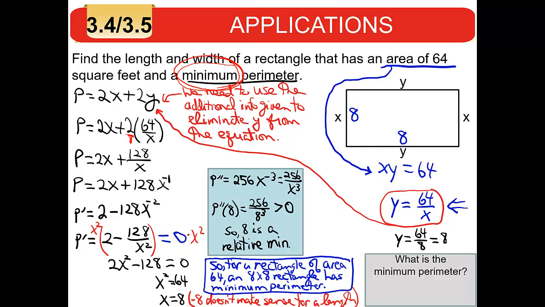And as before, I could also ask, what is that minimum perimeter? And you could just say you got 8, 8, 8, 8, it's going to be 32, or you can think of it as actually plugging 8 in here and 8 in there.